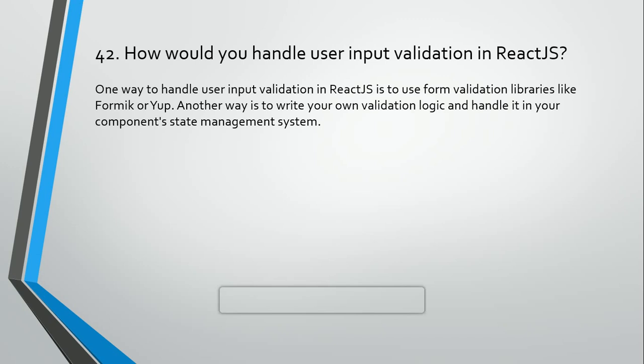Another way is to write your own validation logic and handle it in your component state management system. If you do not want to use an external library like Formik or Yup, then you can go with your own logic by handling it using your component state management system.